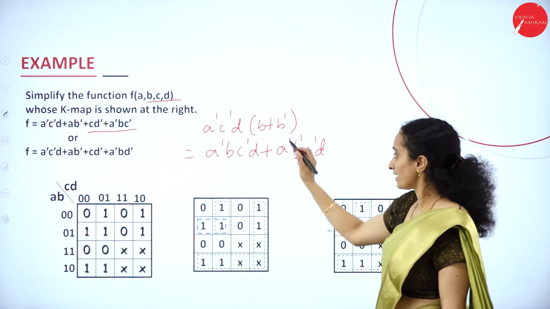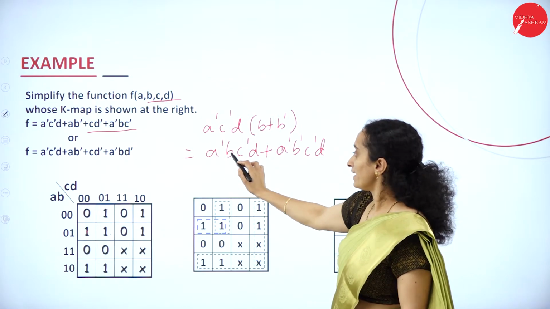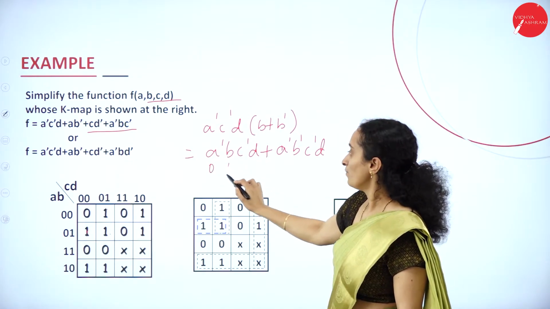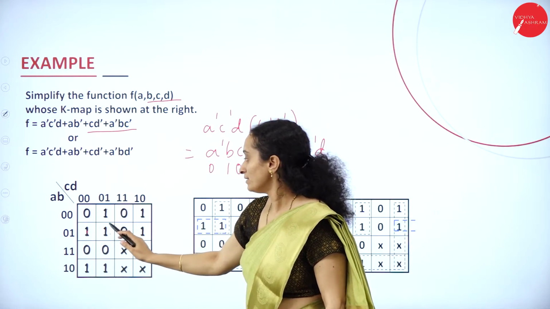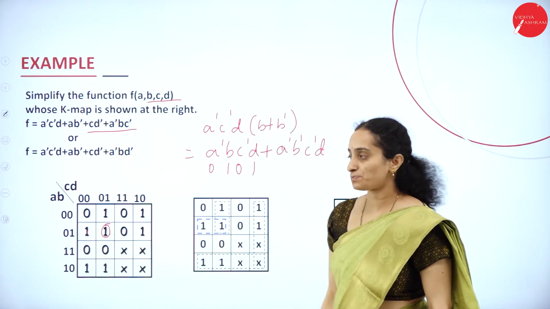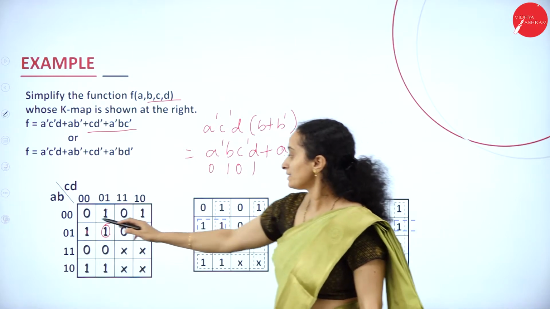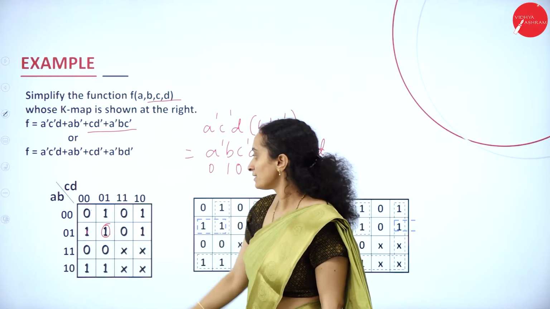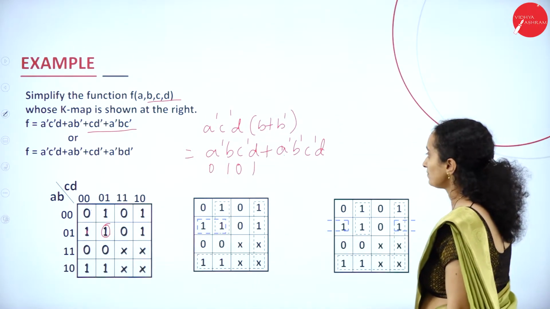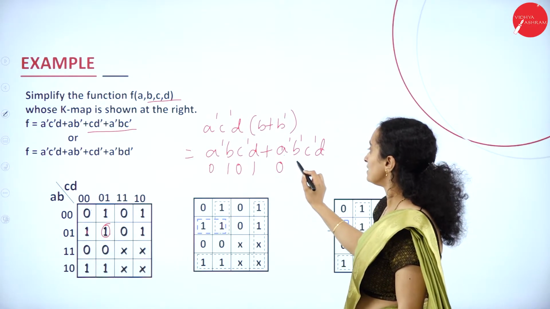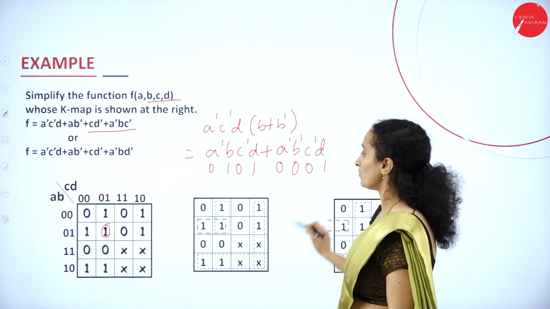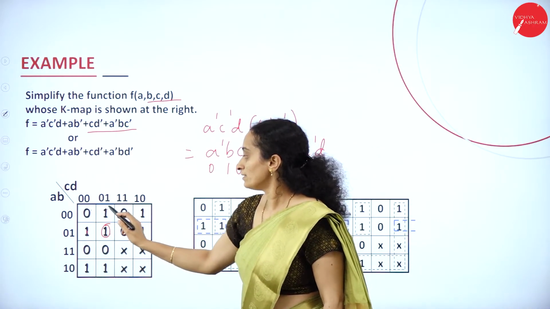You can expand the values. That is A dash B, 0, 1, 0, 1, will be treated as 1. Then we have A dash, B dash, C dash, D dash, and A dash, B dash, C dash, D. That is 0, 0, 0, 1.